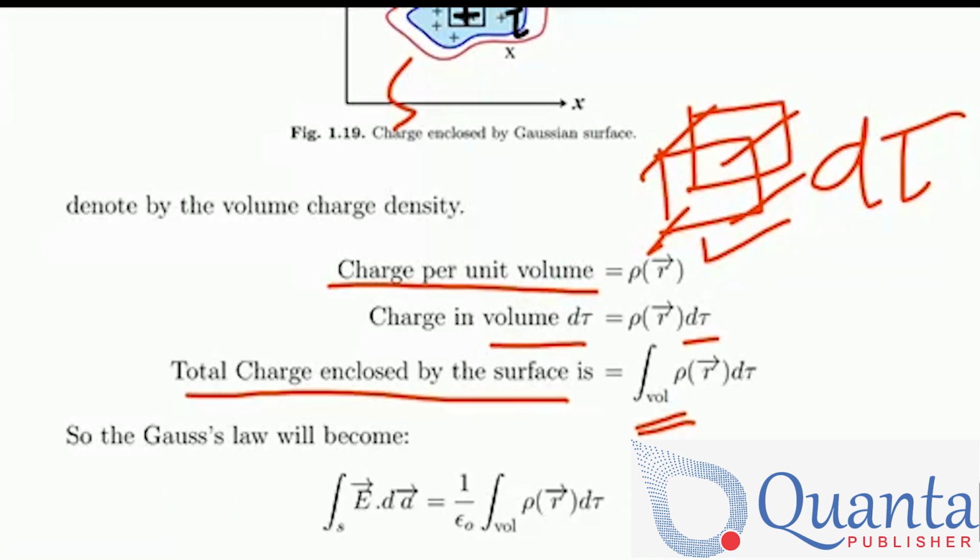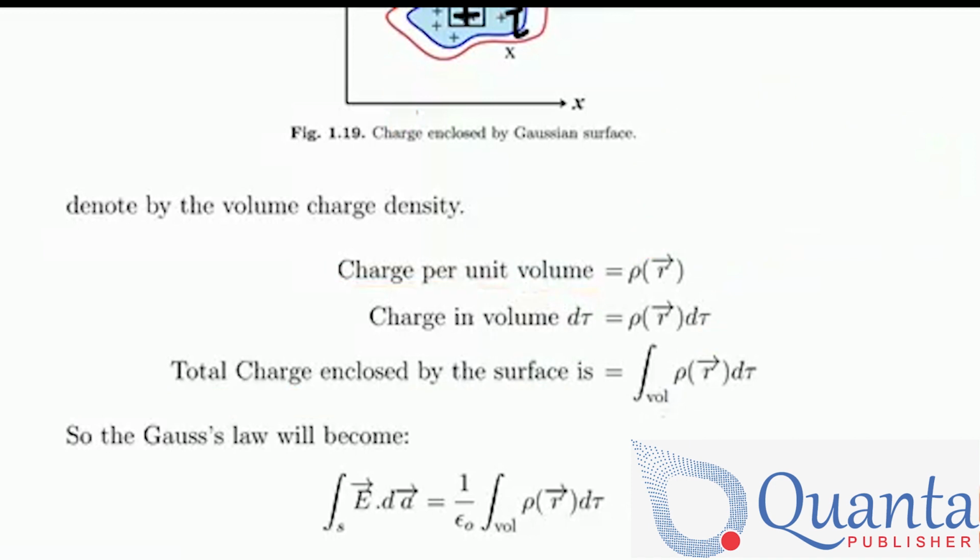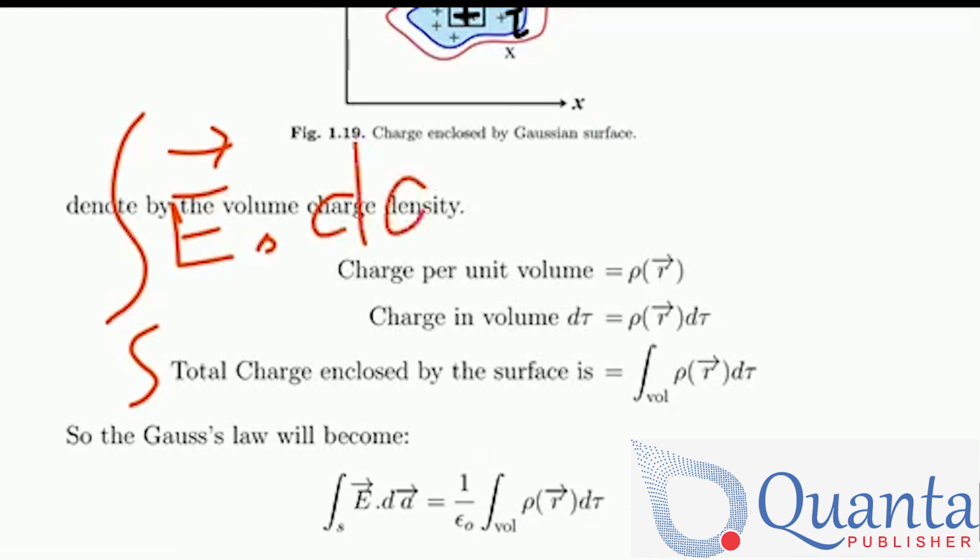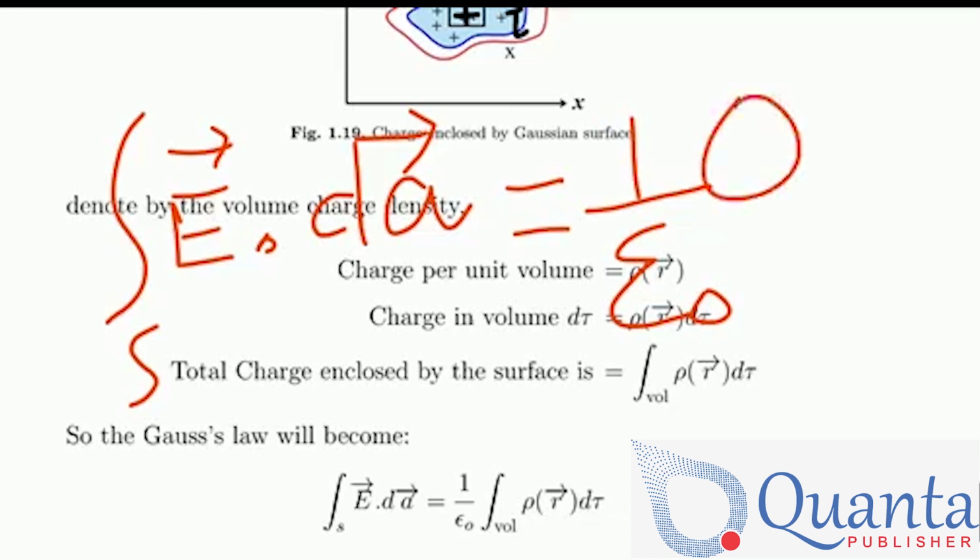We know that Gauss's law is stated as the integral upon a surface of E, the electric field, dot dA, the vector area, is equal to 1 upon epsilon naught times the total charge enclosed by that surface.